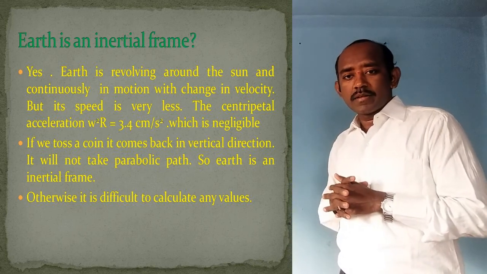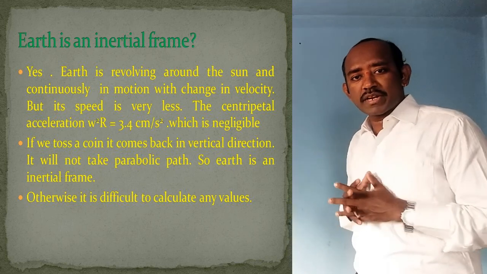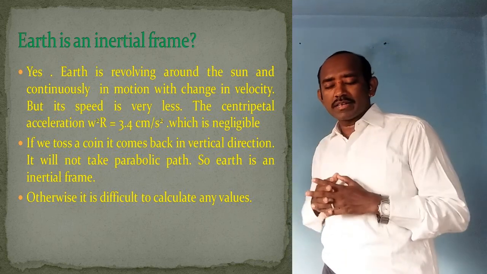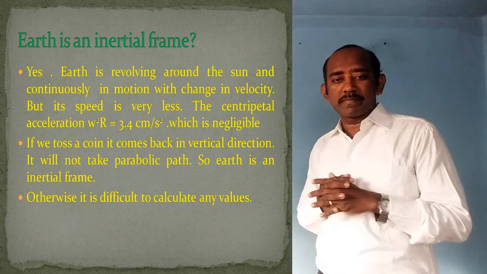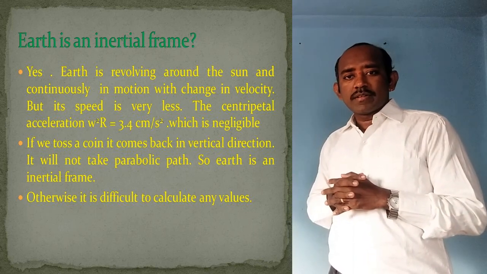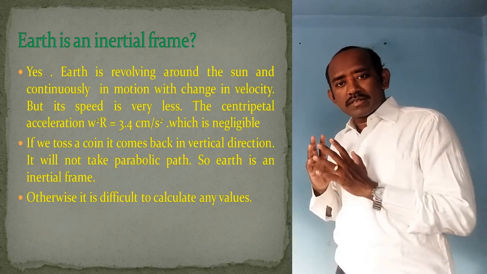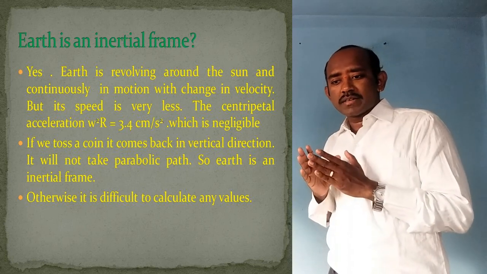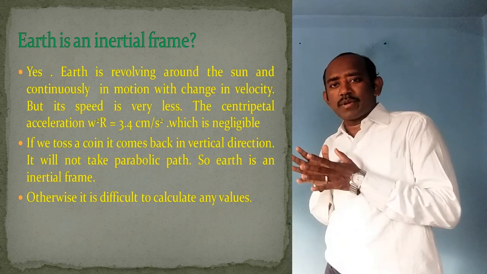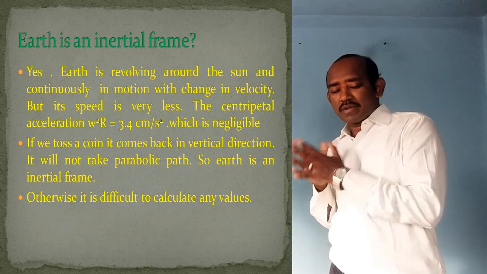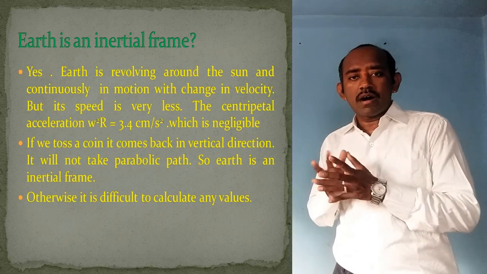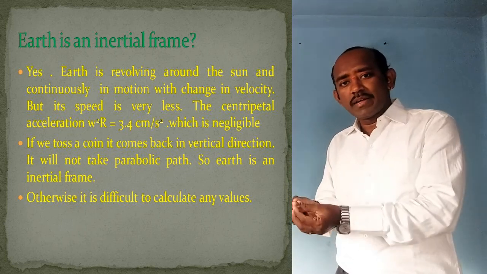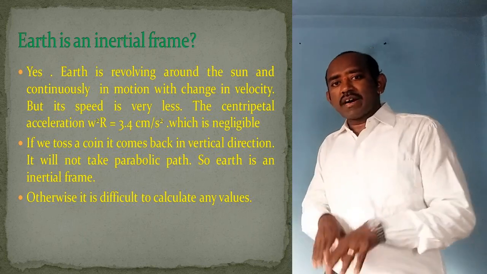But we know the centripetal acceleration of the Earth is 3.4 meter per second square. So it is moving with a certain velocity, but we are not adding that velocity to the car's velocity. We are observing that event from the Earth itself.